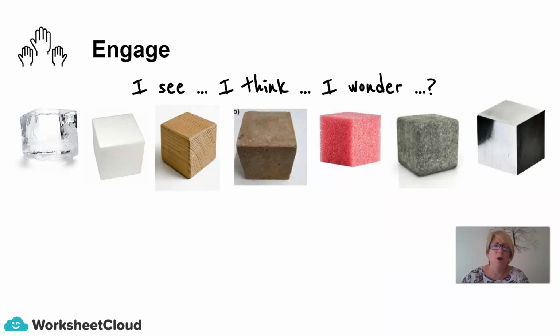So here I've put some blocks up for you. And I would like you to do an activity known as I see, I think, and I wonder. The blocks I've given you: this first block is ice, this is polystyrene, wood, cement or brick, sponge, stone, and aluminium.